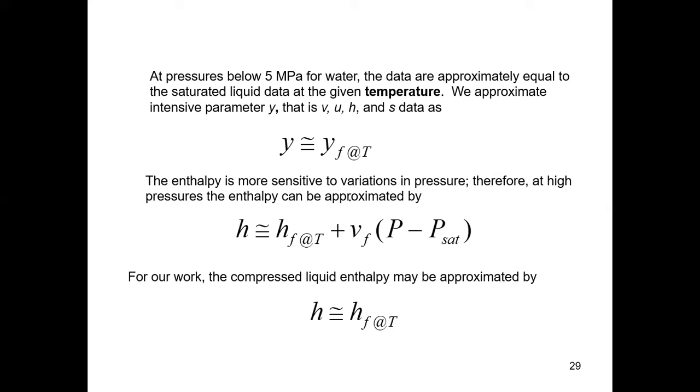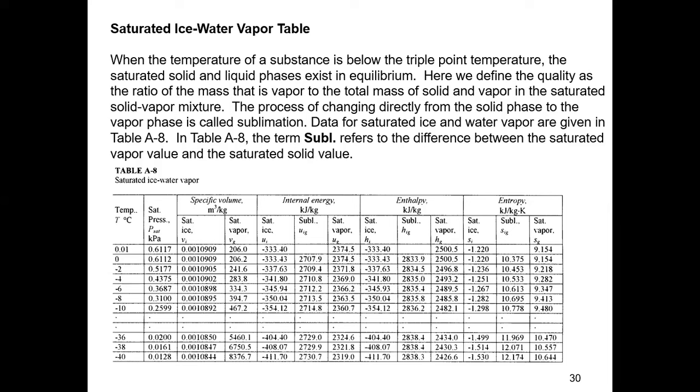Therefore, at high pressure, the enthalpy can be approximated by h almost equal to hf at temperature T plus vf multiplied by P minus Psat. For our work, the compressed liquid enthalpy may be approximated by h almost equal to hf at temperature T.